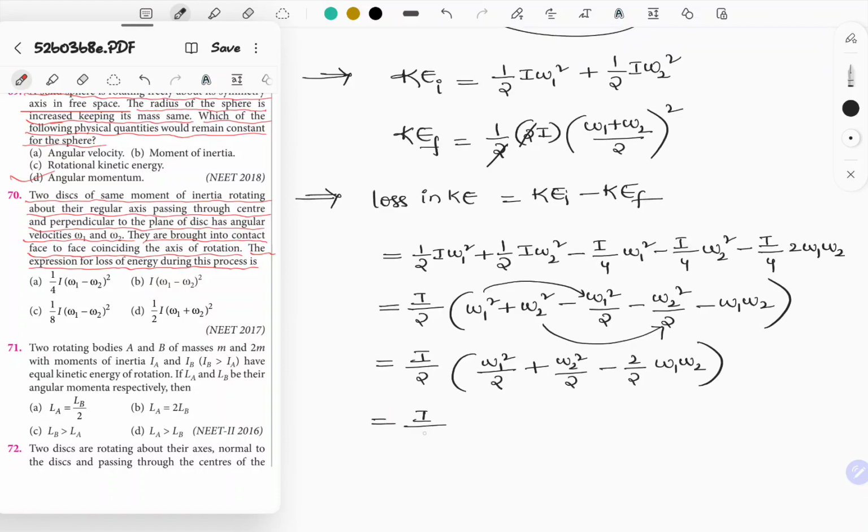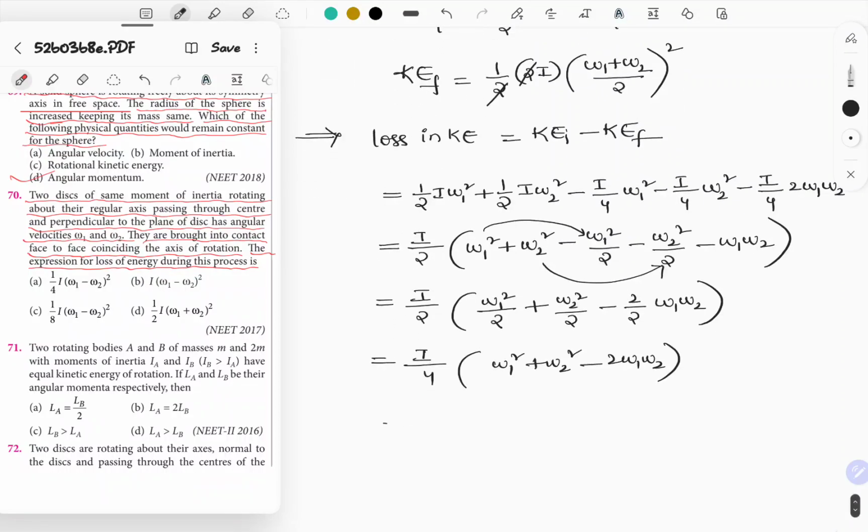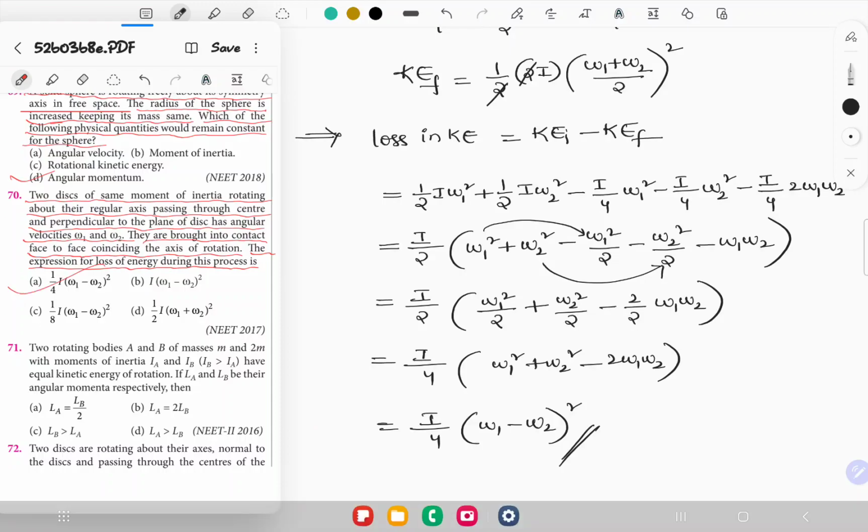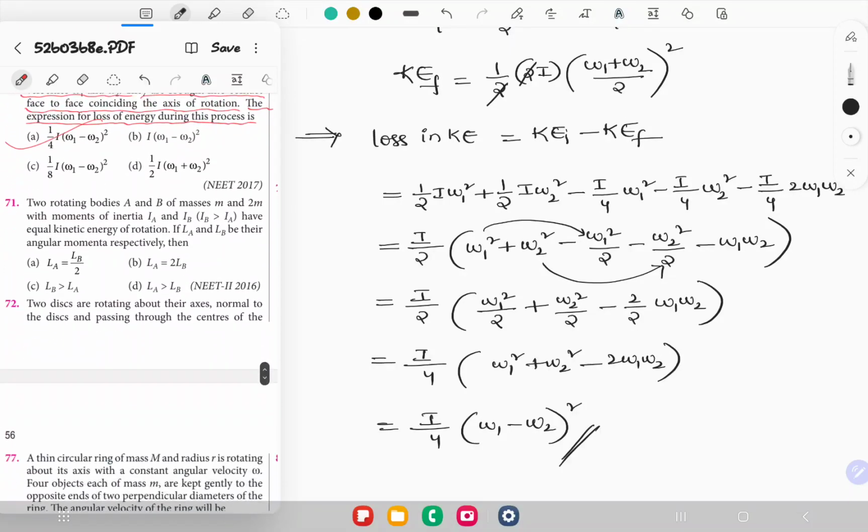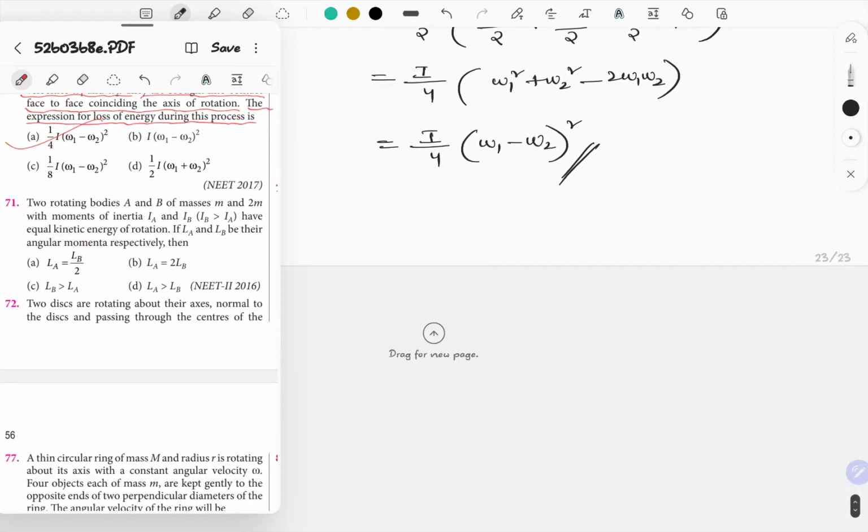We are going to get I by 4 (omega 1 square plus omega 2 square minus 2 omega 1 omega 2). It looks like the a minus b whole square formula: omega 1 minus omega 2 whole square. This is the answer, the loss in kinetic energy. Which option matches? I by 4 into (omega 1 minus omega 2) whole square. Option A is correct. So that is the way we need to answer this kind of question.